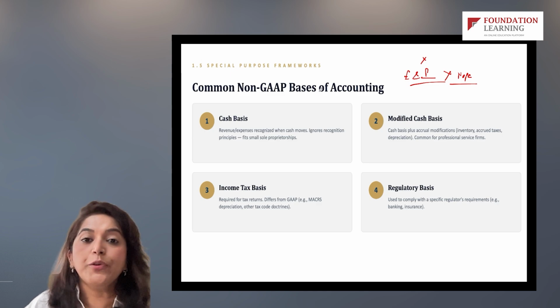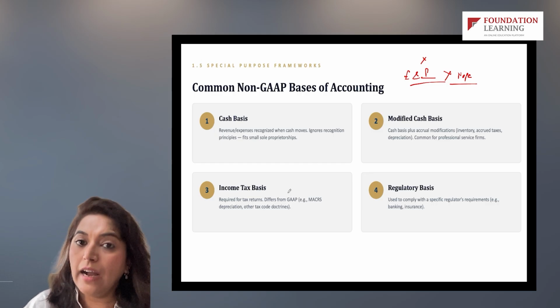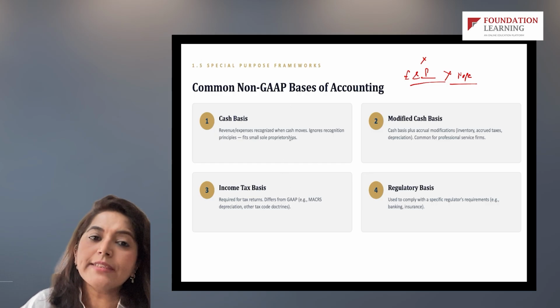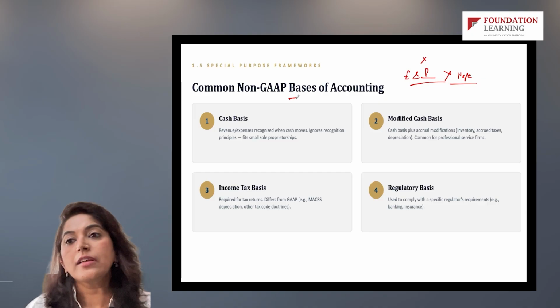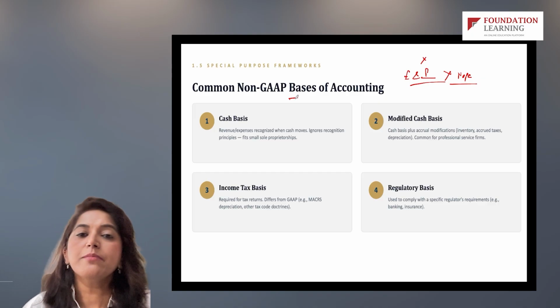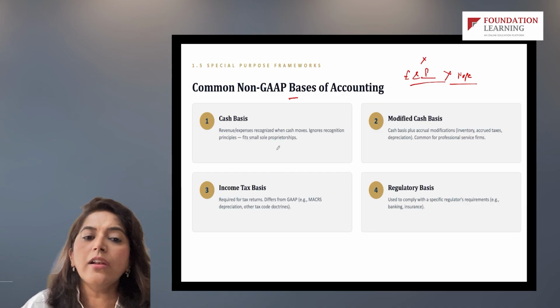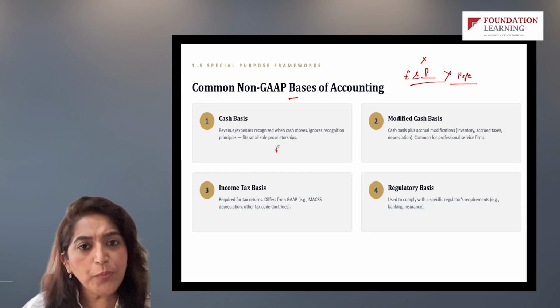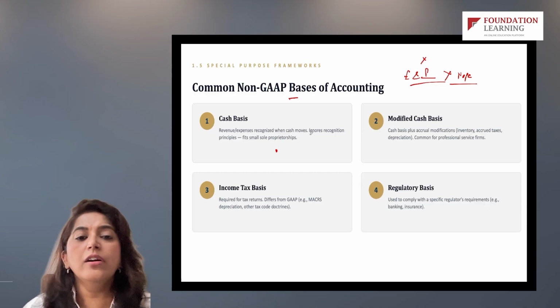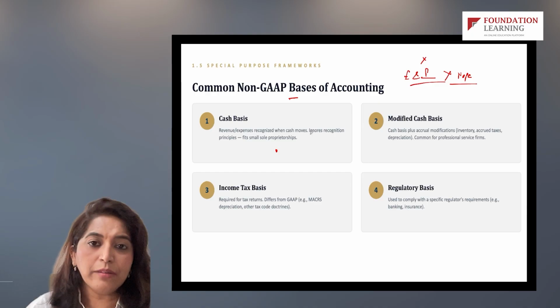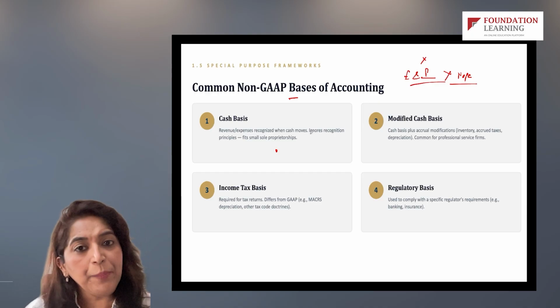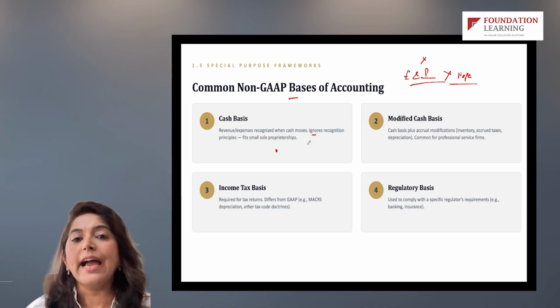reporting under US. Now there are certain other basis of accounting which is also accepted for certain specific uses, not for financial reporting purposes, but for certain specific uses. Let's say a small organization, let's say an entrepreneur based company, or just a one man company, that company can use cash basis.